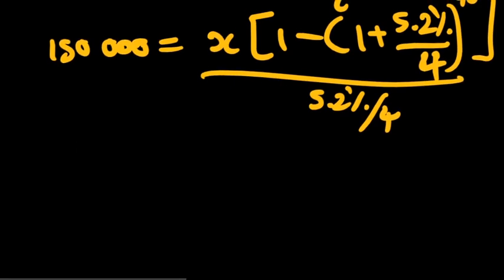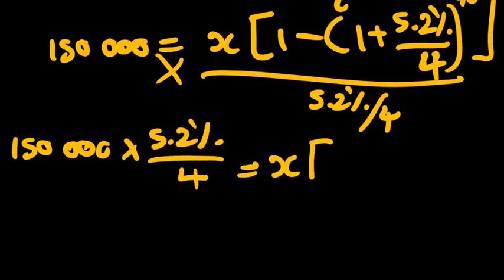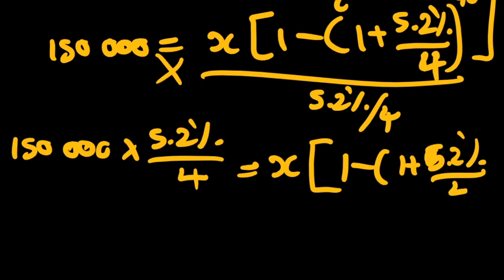So then you cross multiply. You say 150,000 rand multiplied by 5.2% over 4 is equal to x into 1 minus 1 plus 5.2% over 4 to the power of minus 40.